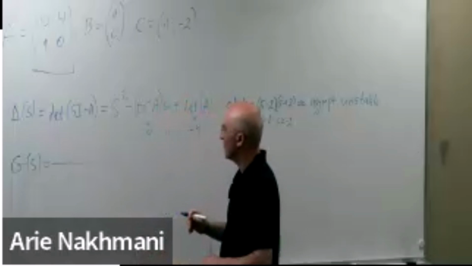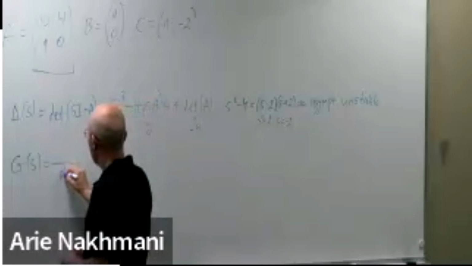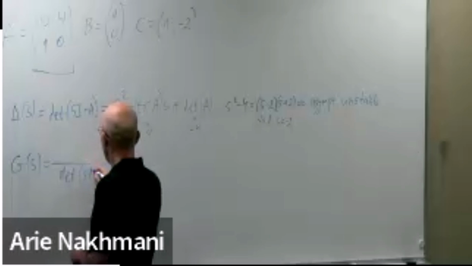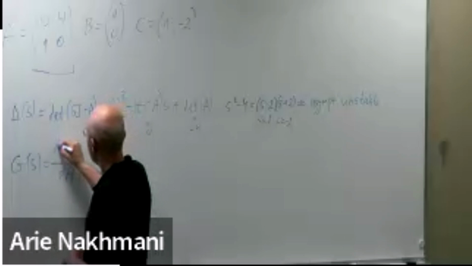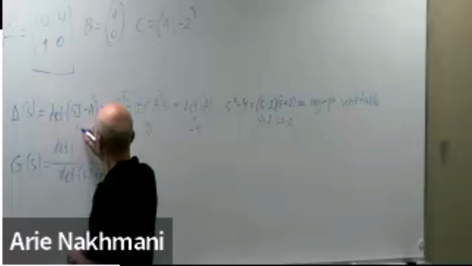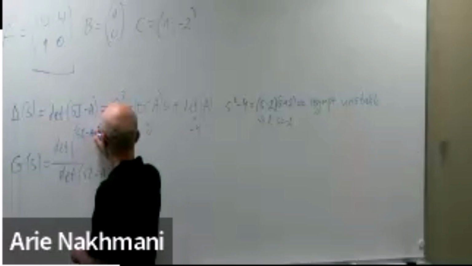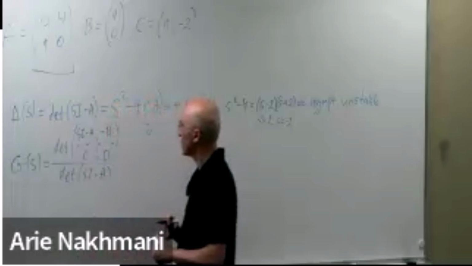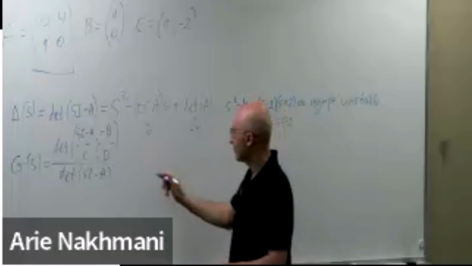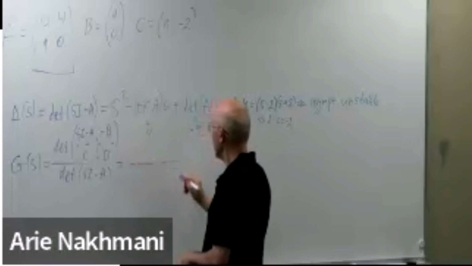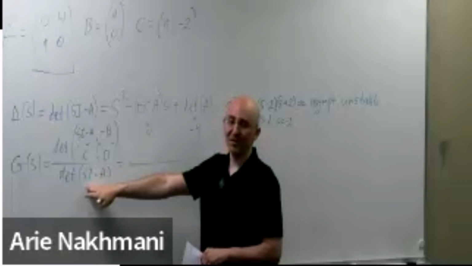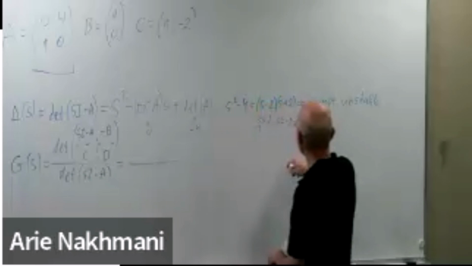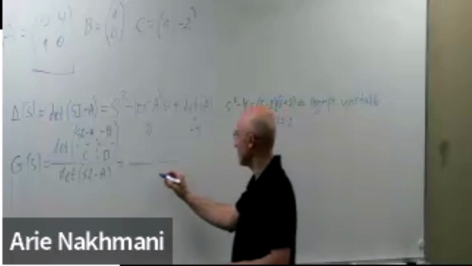Here I have the determinant of sI minus A. Here I have the determinant of sI minus A, negative B, C, D. Pay attention that I know what that thing is already. I computed that already.